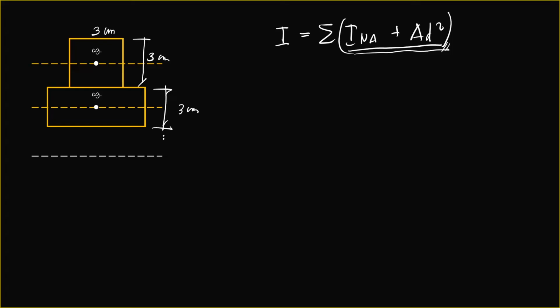And say the distance of the bottom of the composite shape to the axis is 2 centimeters, and this distance we name 5 centimeters. So you have two shapes. Let's name the first shape A1 and the second A2. So you have A1 and you have A2.